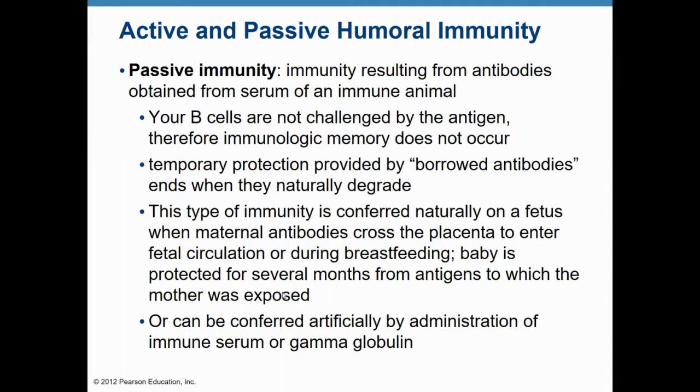So if you give convalescent plasma to somebody, their B cells are not being directly challenged, but they're using somebody else's antibodies to fight the infection. We can do this not just by using convalescent plasma from other people, we can actually use antibodies from other animals.